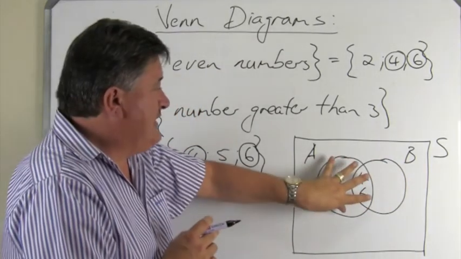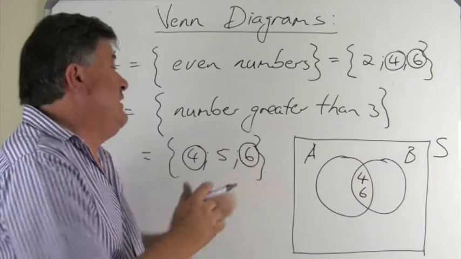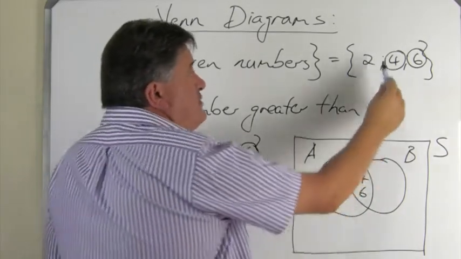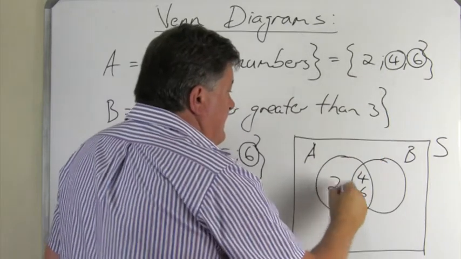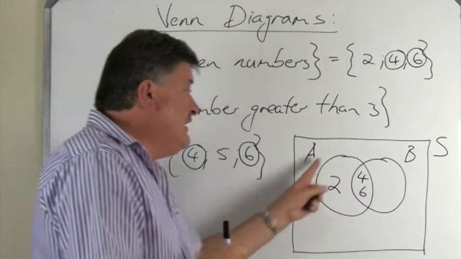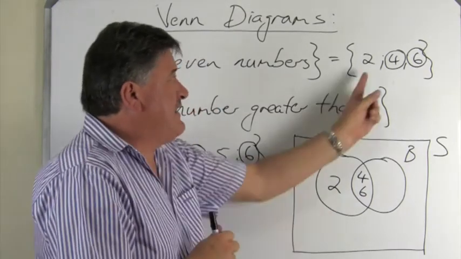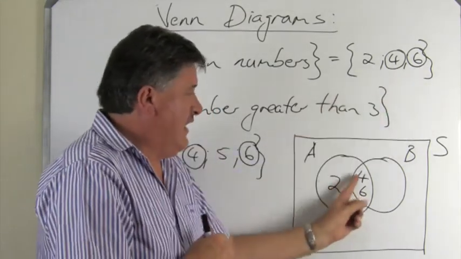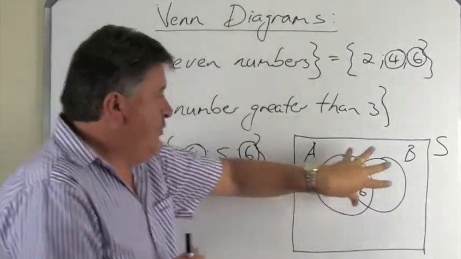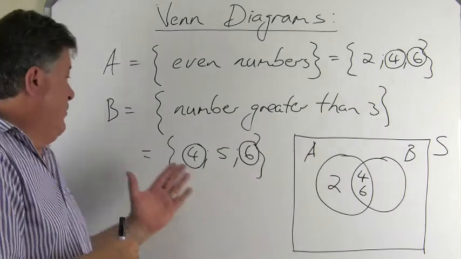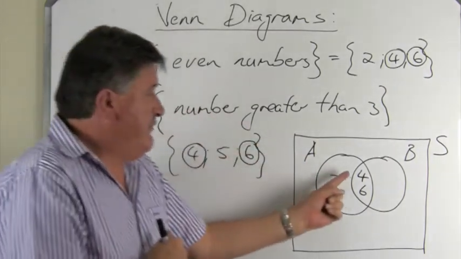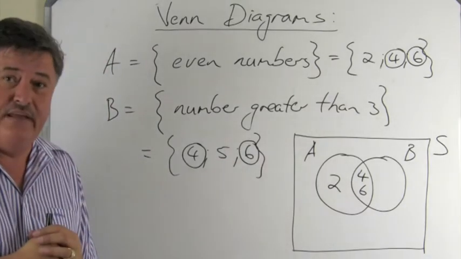Now, to complete event A, 4 and 6 is already inside A, so what is still missing is 2. So if you now look at A only, you will see all the outcomes 2, 4, and 6 are within event A. Now we focus on B. When we look at B, the outcomes are 4, 5, and 6. 4 and 6 is there already.